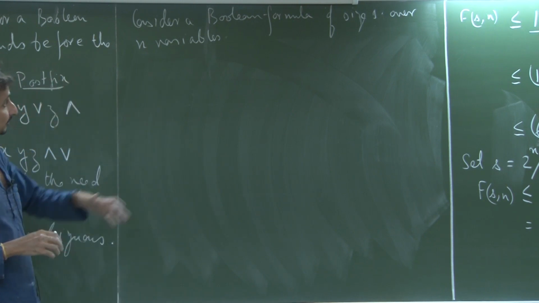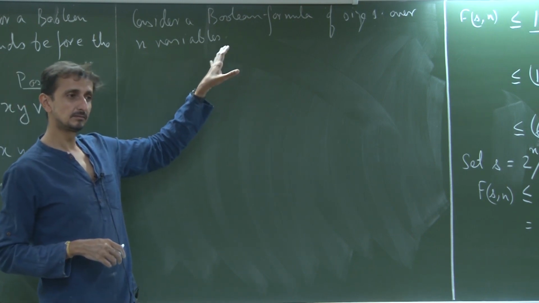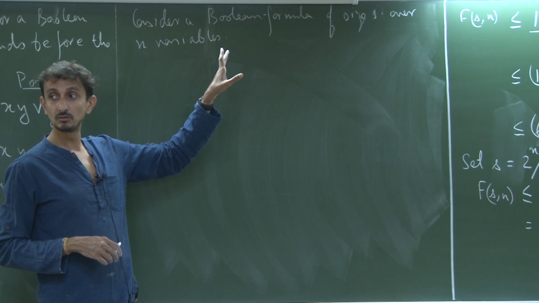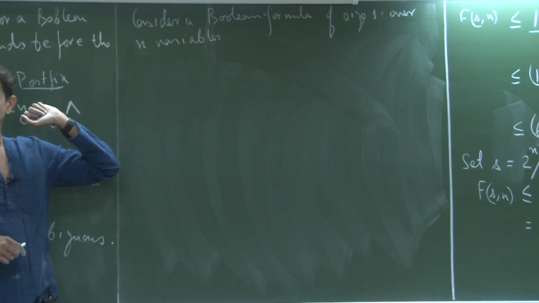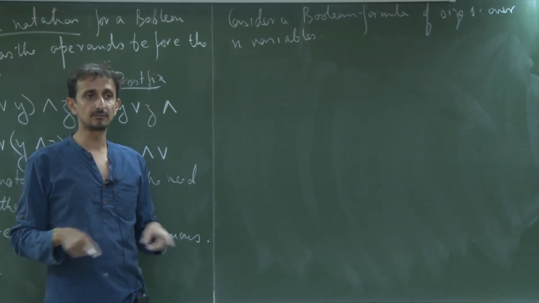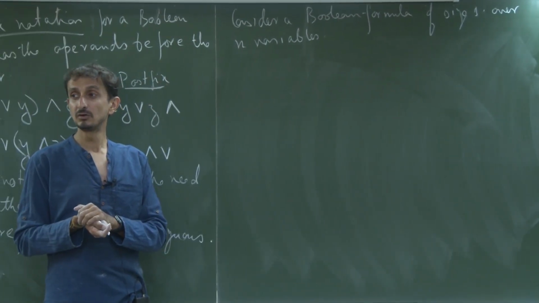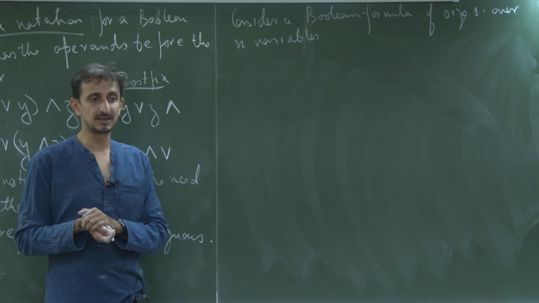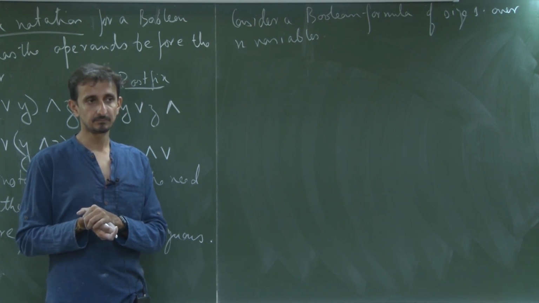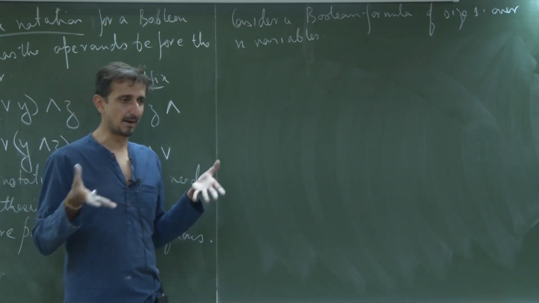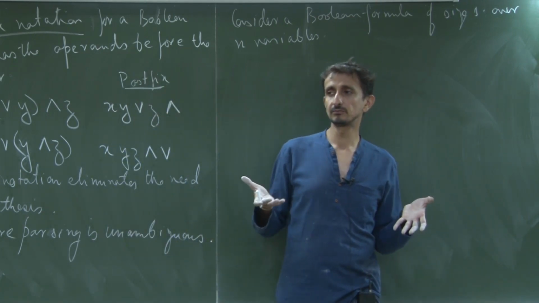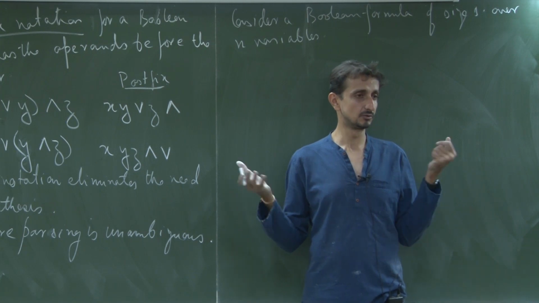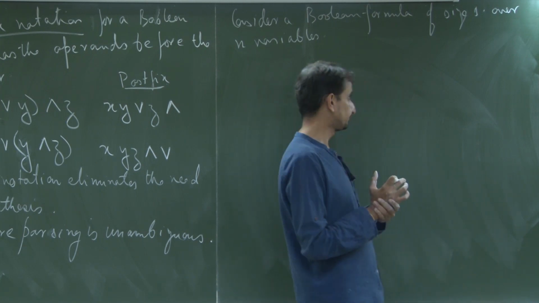So, the total number of gates would be S, but what is the total number of nodes in that tree? 2s plus 1, exactly. Okay. So, any binary tree with s internal nodes has a total of 2s plus 1 nodes, correct.